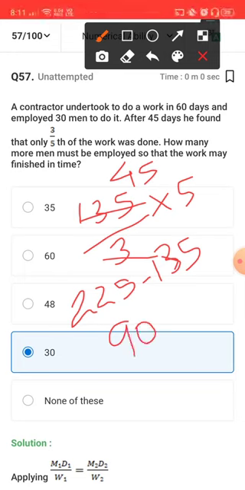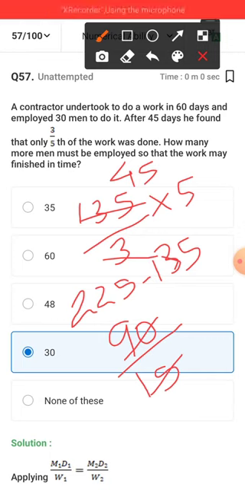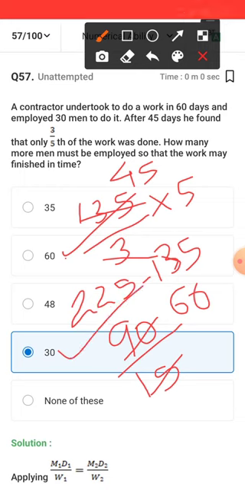How many people and how many days do we have? We have only 15 days left. In that timeline we need 60 people to complete this work, 900 work in 15 days. So the answer is 60. Don't know why they put 30 here.